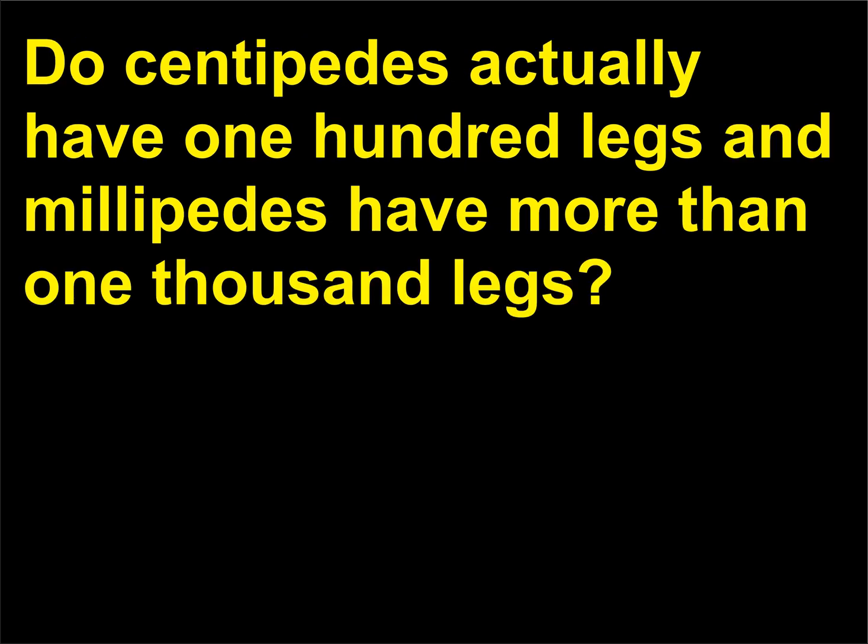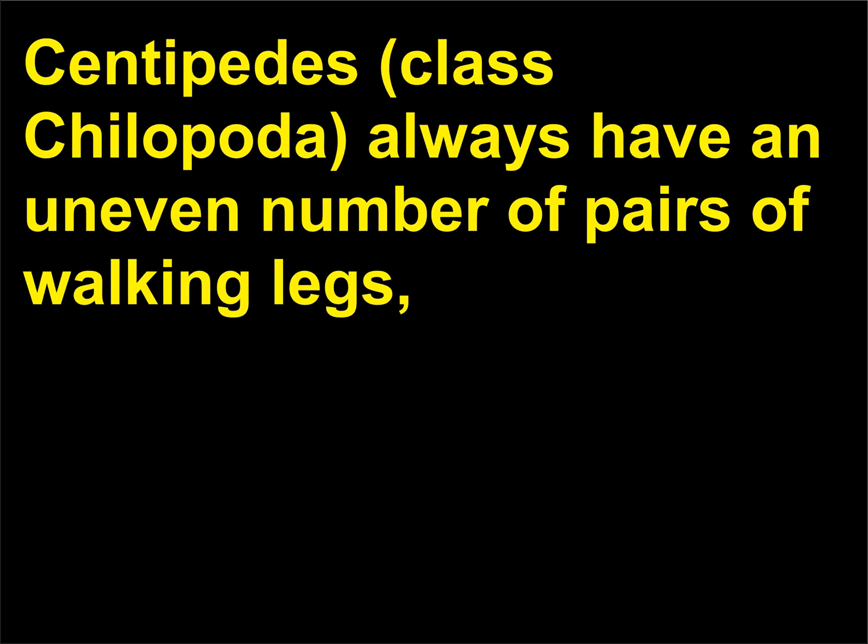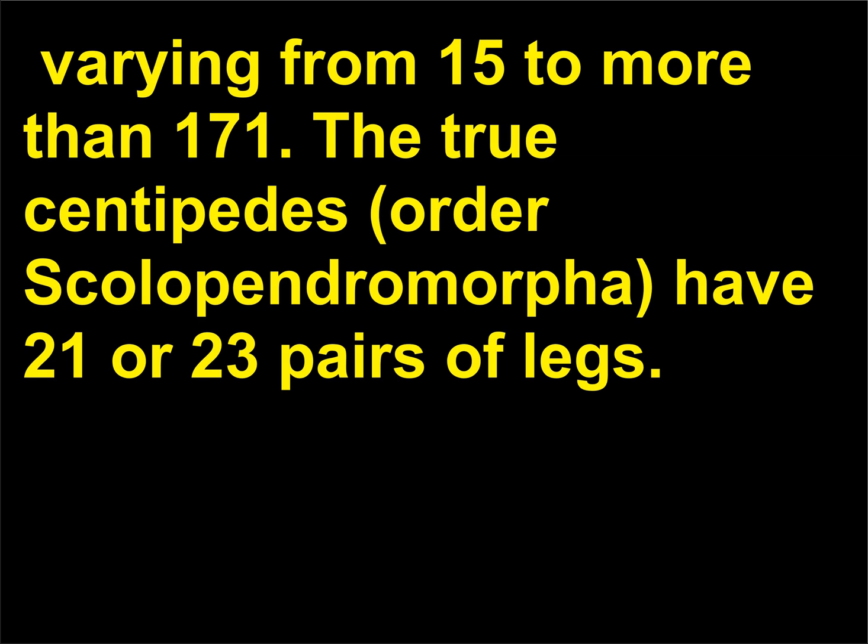Do centipedes actually have 100 legs and millipedes have more than 1,000 legs? Centipedes, class Chilopoda, always have an uneven number of pairs of walking legs, varying from 15 to more than 171.